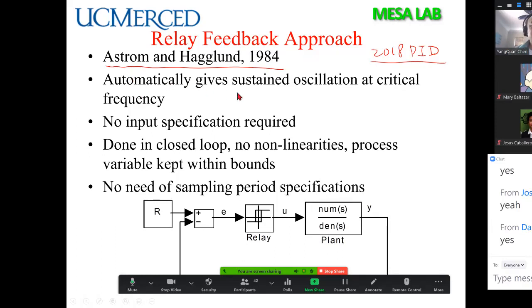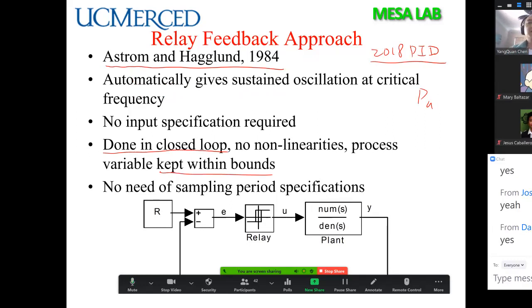It can automatically get you a sustained oscillation at the critical period, P sub U. Now it's done in a closed loop, so the whole system can be kept within bounds.